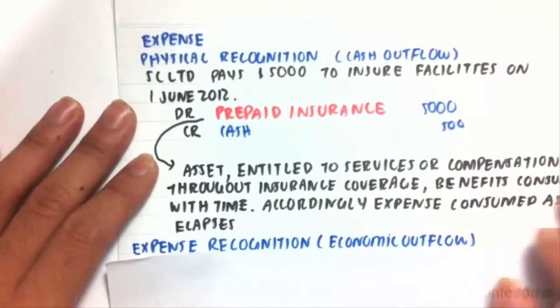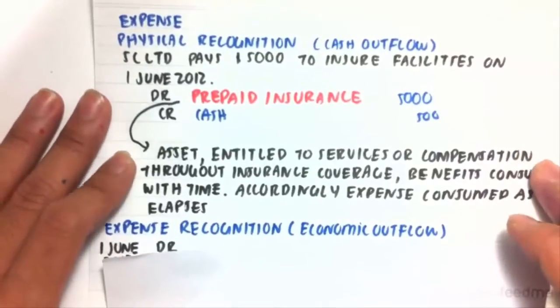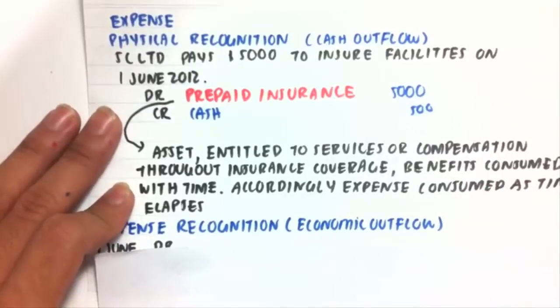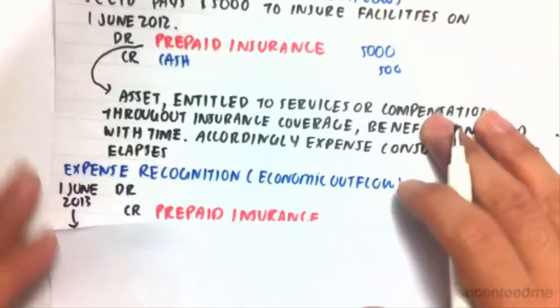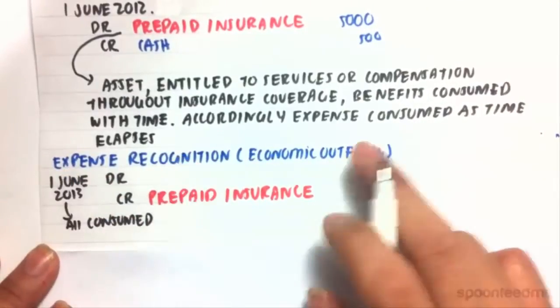So benefits are consumed with time, and then accordingly, as a result of the matching principle, the expenses will be consumed as the time elapses or as the benefits are consumed. So what happens when the expense recognition occurs, or the economic outflow occurs?